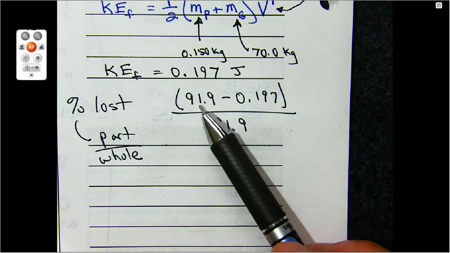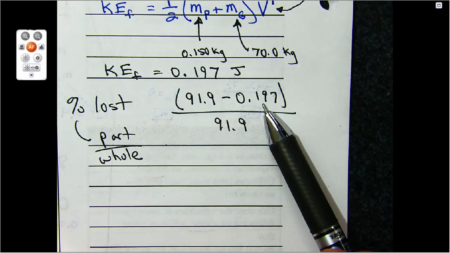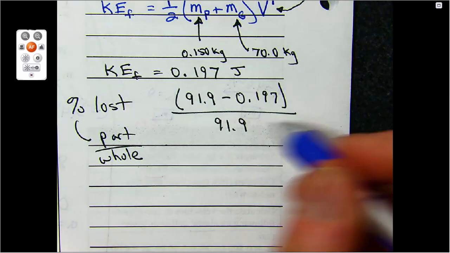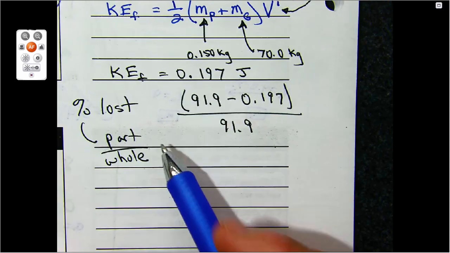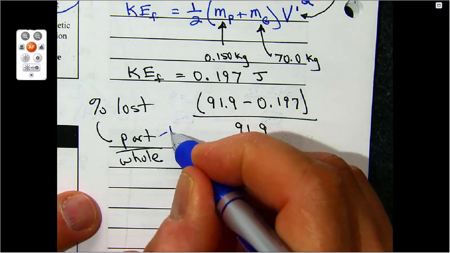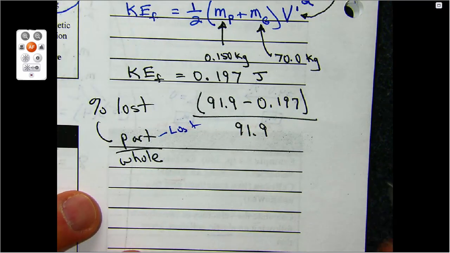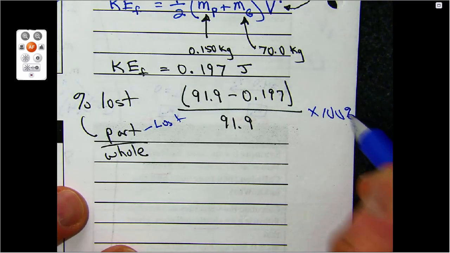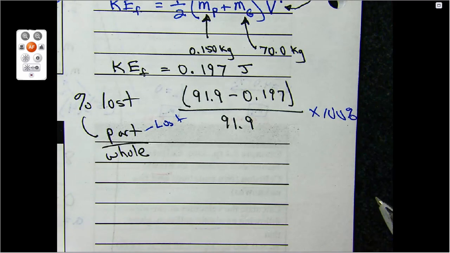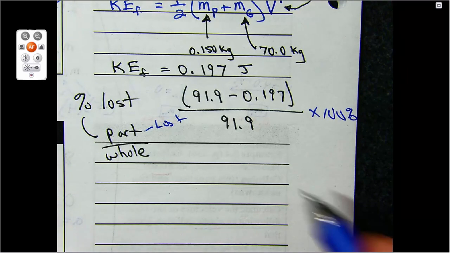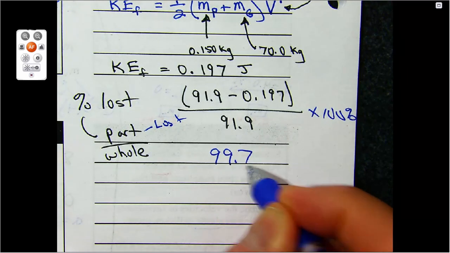This is what we started with, and this is what we have left. So this is how much was lost, the joules lost in the numerator. The part over the whole is the part lost. If we multiply this by 100, we lose a lot. What percent is it? 99.7%.